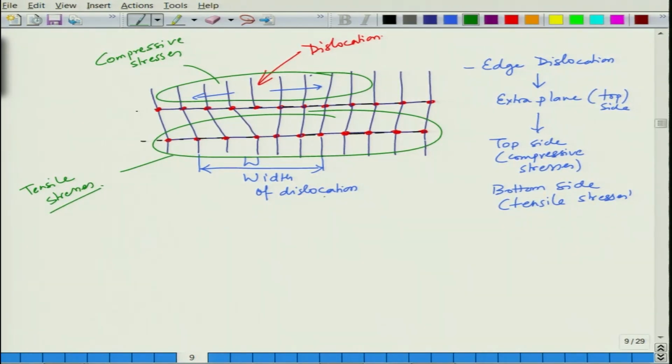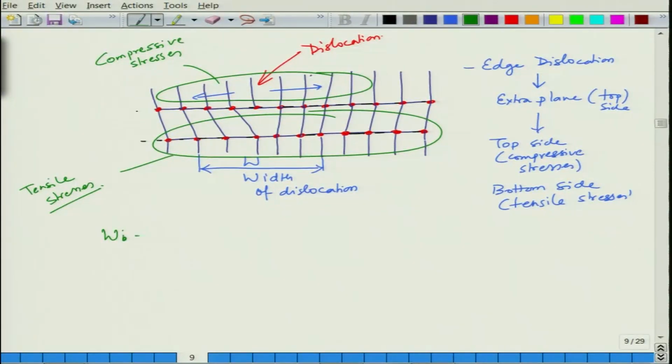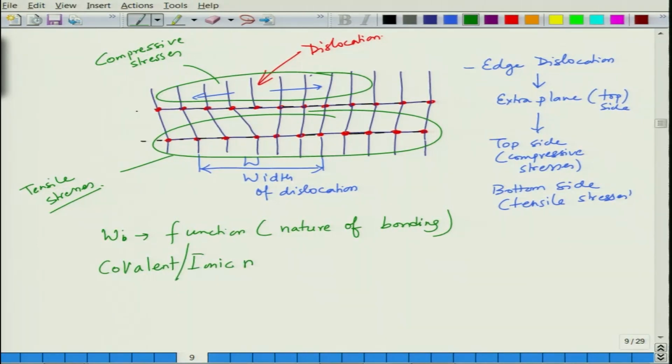So how far the stress field extends is an indicator of the width of dislocation, but W is also a function of the nature of bonding. Generally covalent or ionic materials will have strong bonds, and when the bonds are stronger, the region in which the bonds will get stretched and compressed is also lower.